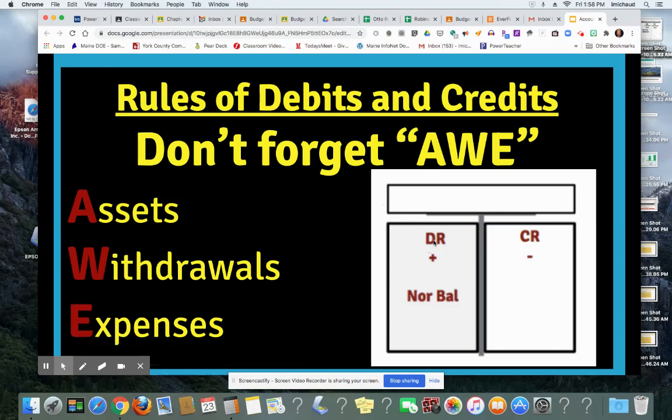Debit is always the left-hand side of a T account, and the right-hand side is always the credit. But you increase assets, withdrawals, and expenses on the debit side, and the normal balance is always the increase side. And then you decrease these three accounts on the credit side. So remember AWE: assets, withdrawals, and expenses.